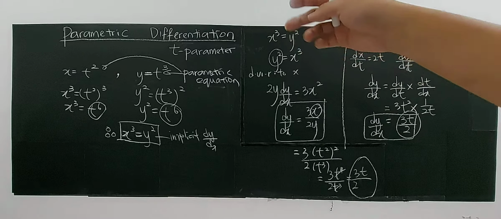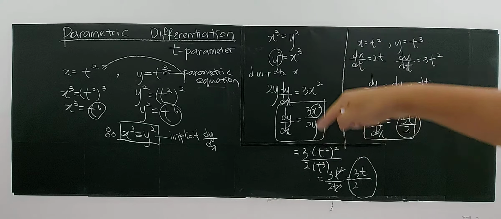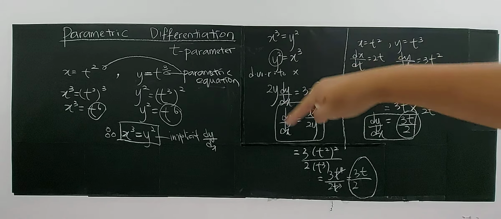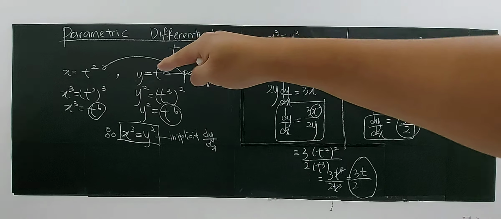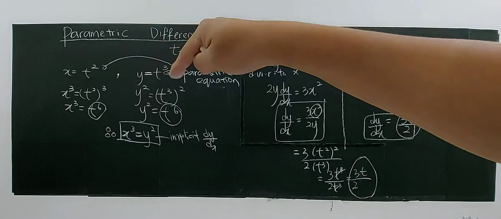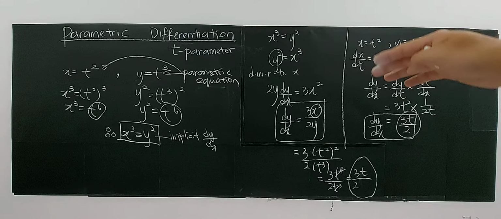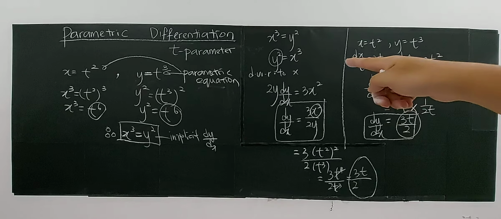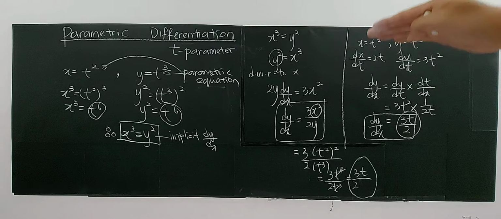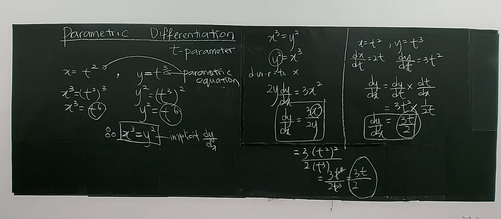So I solved this problem by using implicit differentiation, and I solved the same problem by using the t to relate x and y with the chain rule. That is parametric differentiation, and this is implicit differentiation. It's the same.